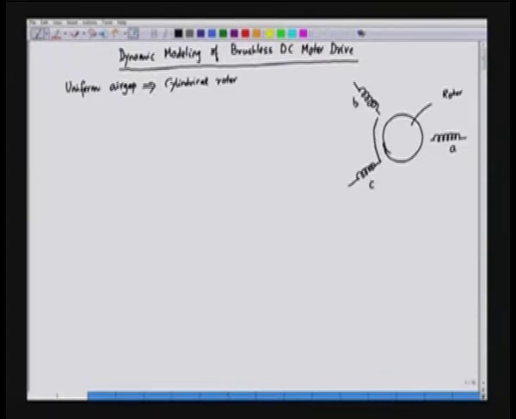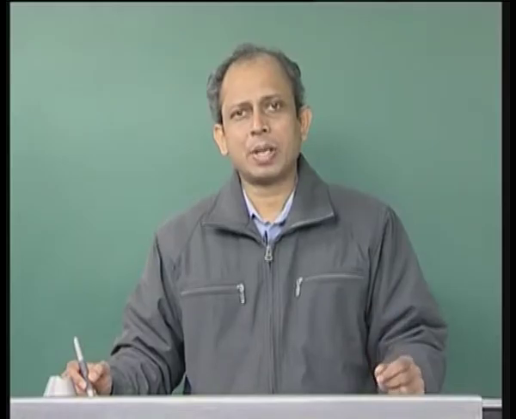So in that case we can connect them in star and this is a neutral point, that is N. So we have applied the voltage to the stator, phase A, phase B and phase C, and the stator currents are IA, IB and IC.